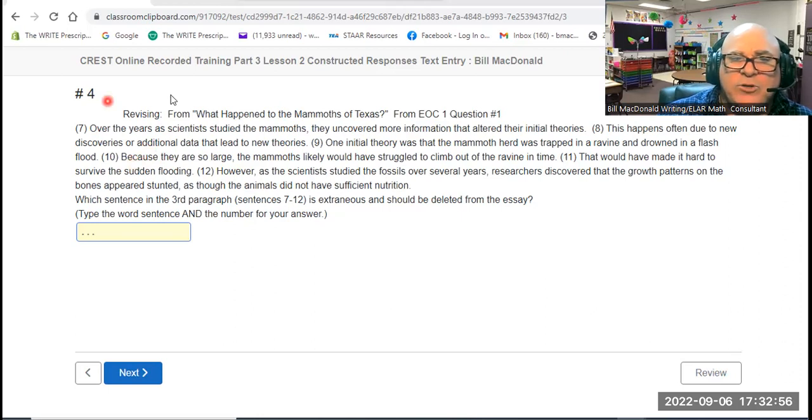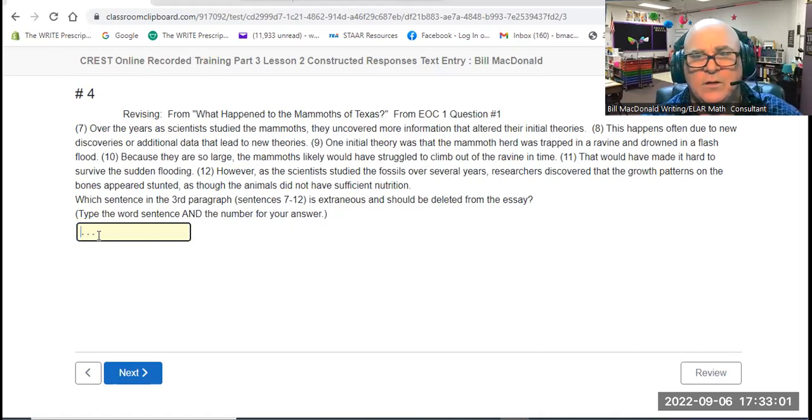I'm going to have to say that sentence, and I'm hoping that it doesn't have to be capitalized. We'll find out when it gives me the grade at the end. I'm going to say that sentence 8 should be deleted.